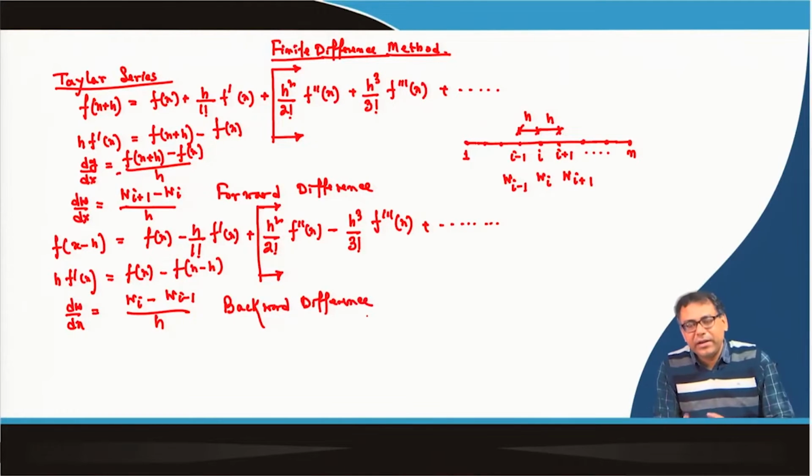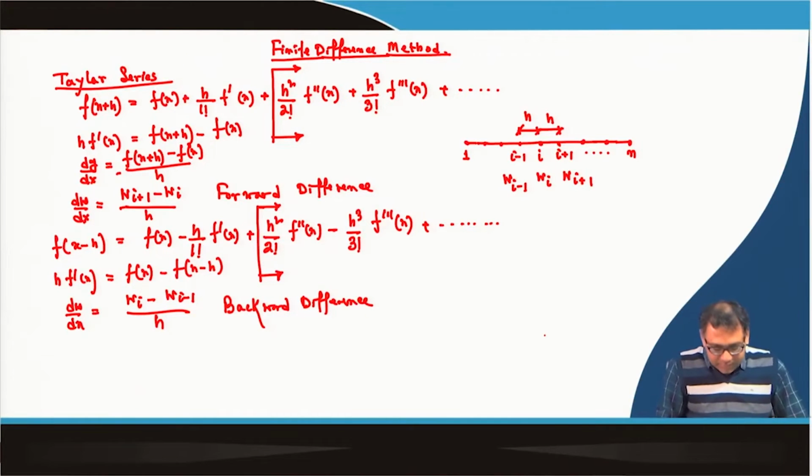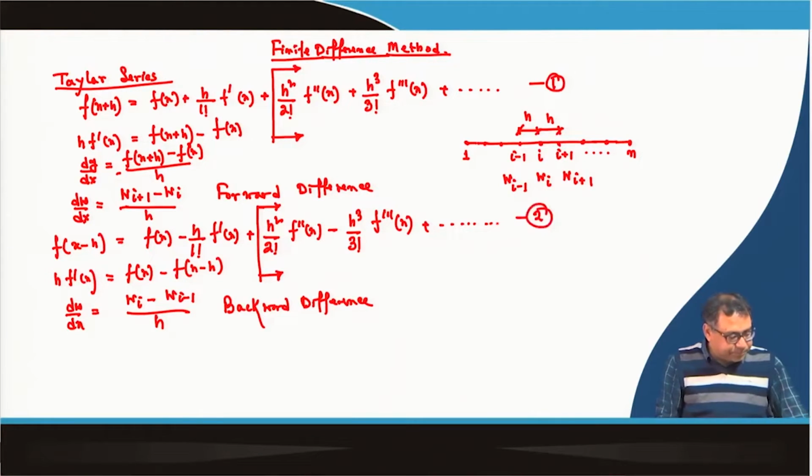So, here we are going in the backward direction, i to i minus 1. Now, this is equation number 1, this is equation number 2.